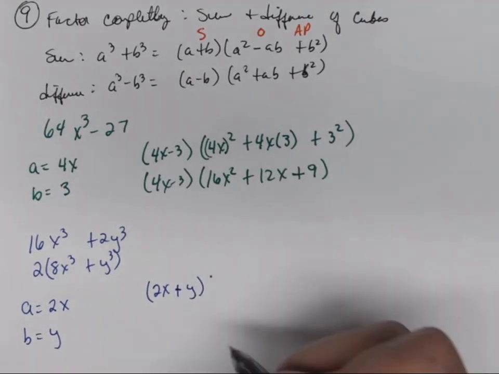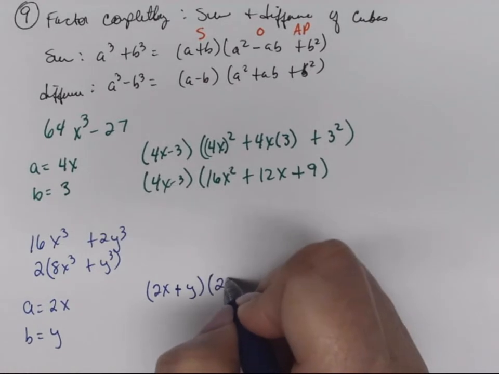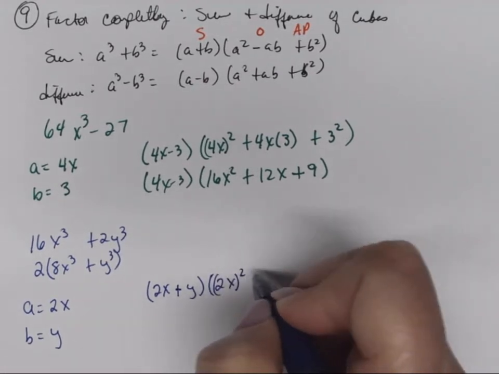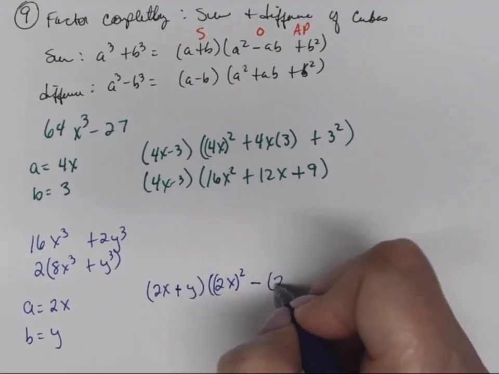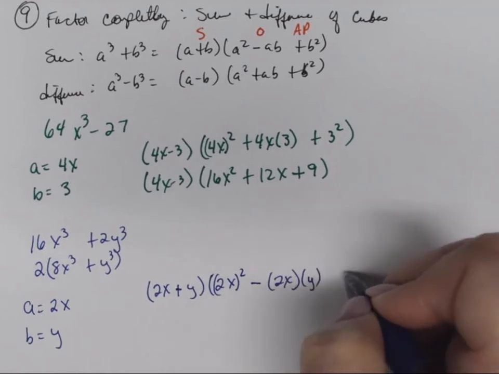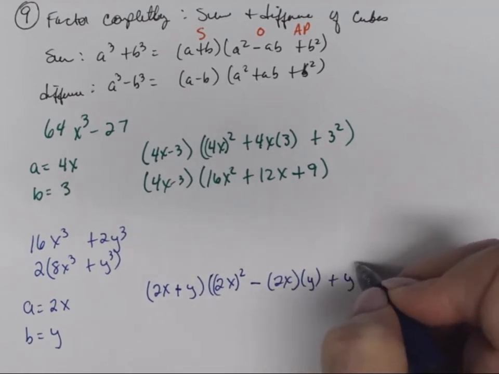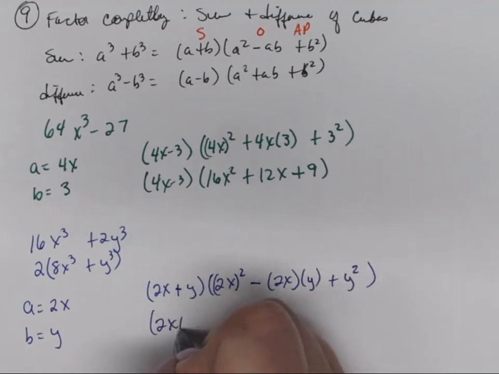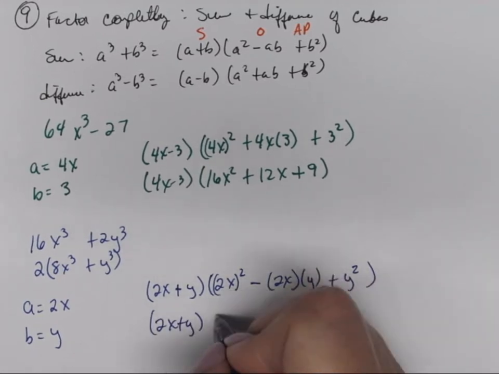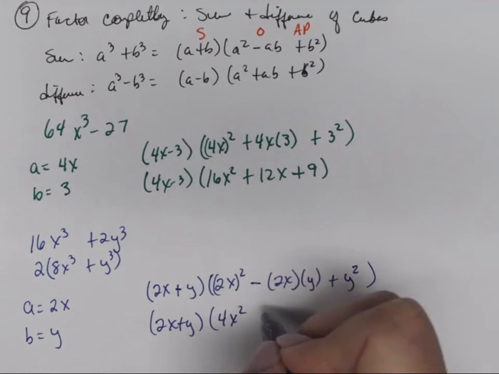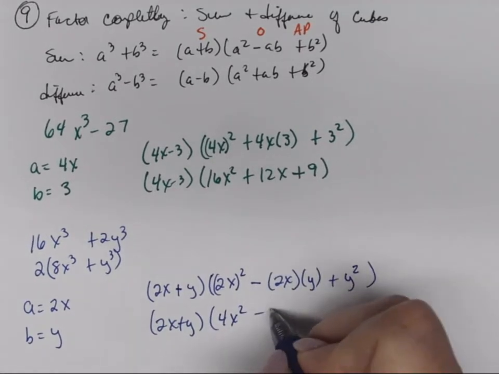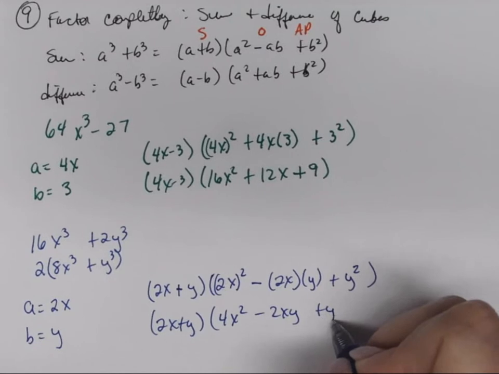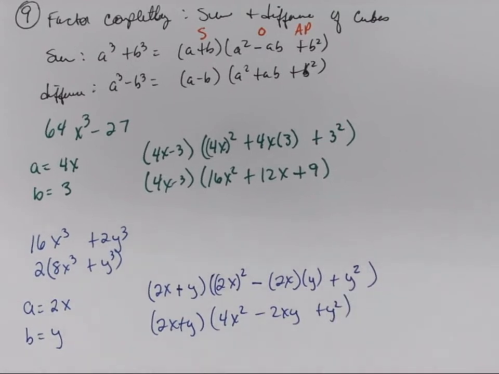So 2x plus y times 2x squared minus 2x times y plus y squared. 2x squared will become 4x squared. 2x times y would be 2xy plus y squared. And that's all you have to do for the sum and difference of cubes.